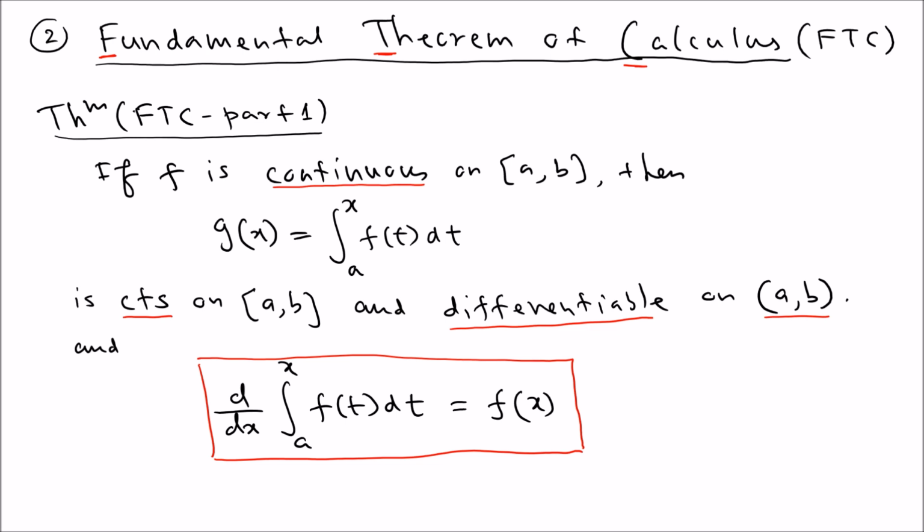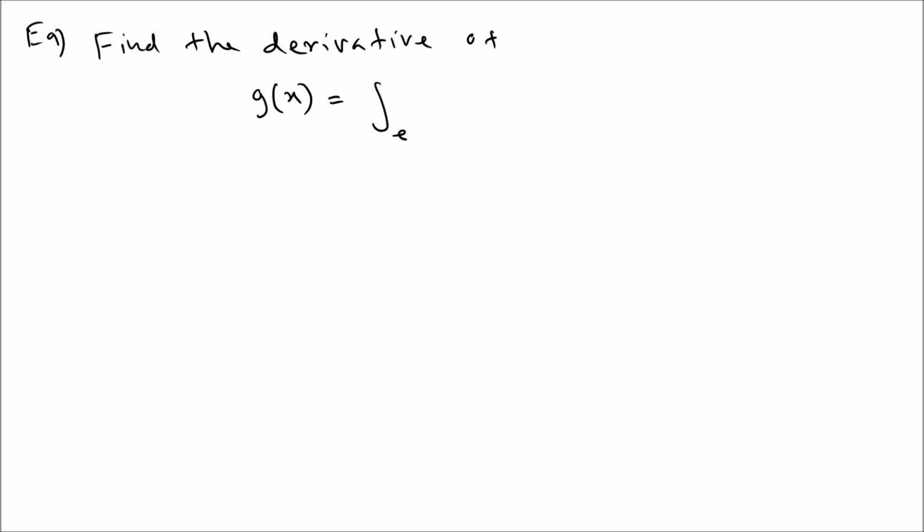So let's start with an interesting problem. This is the first one. Example: find the derivative of g(x), which is the integral from e to x of 1 over t times the fourth root of natural log t, dt.